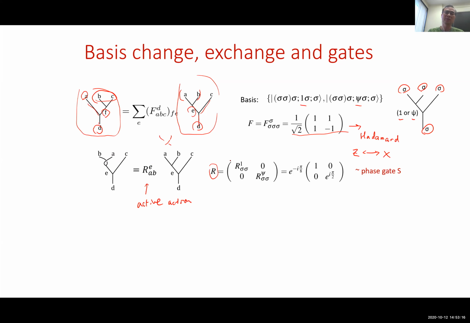So as we mentioned last time, when you fix the fusion of A and B to be, for example, identity, when you exchange the 2, it's a phase. In this case, it's e to the minus i pi over 8. And when the fusion product is psi and you braid the 2, it's a different phase.